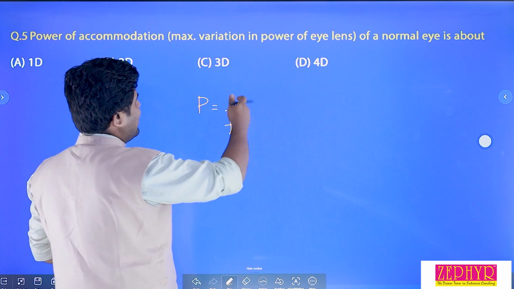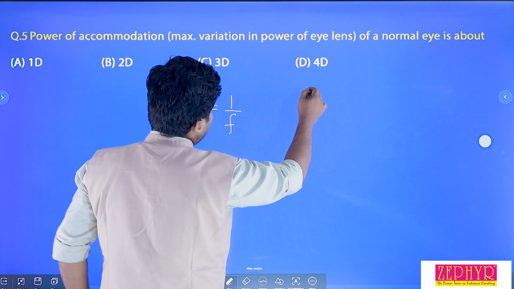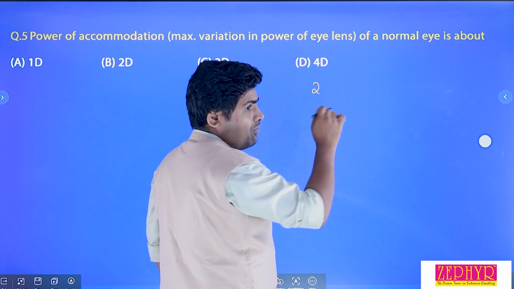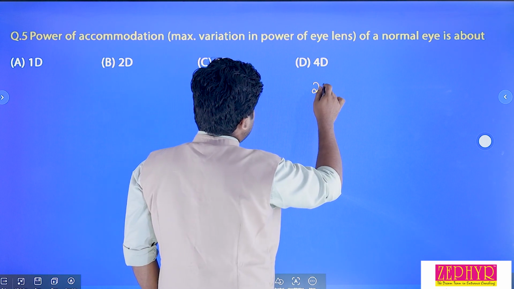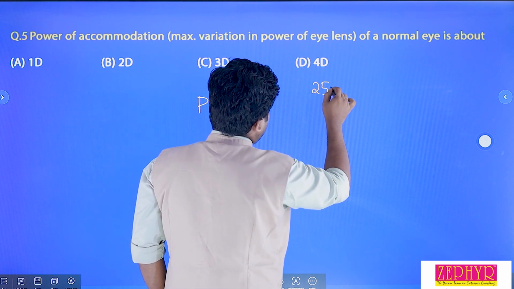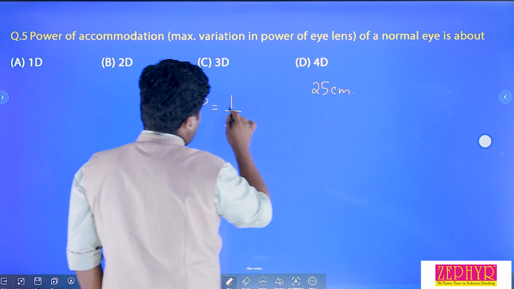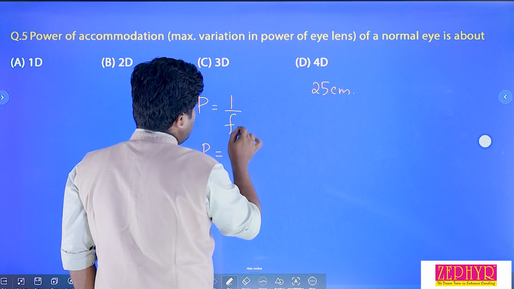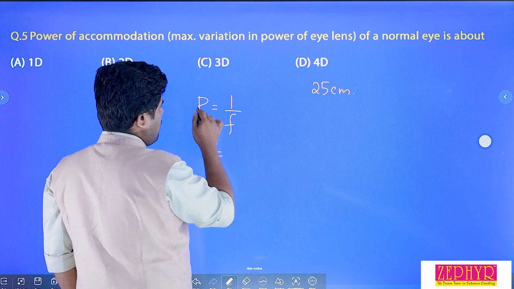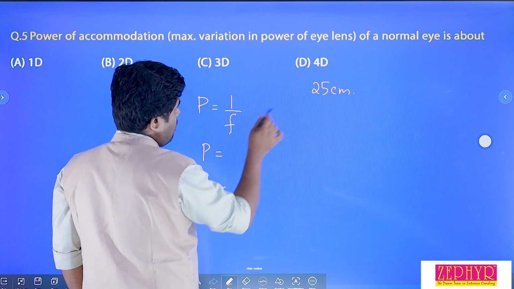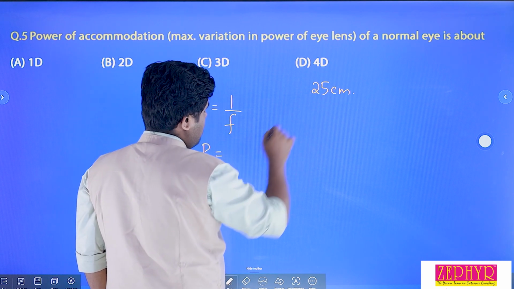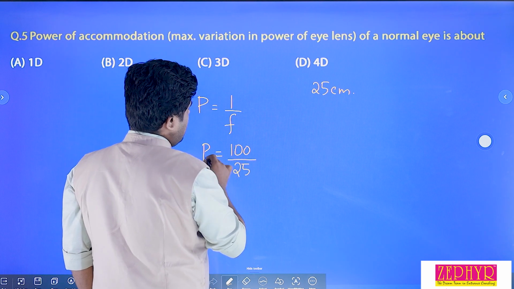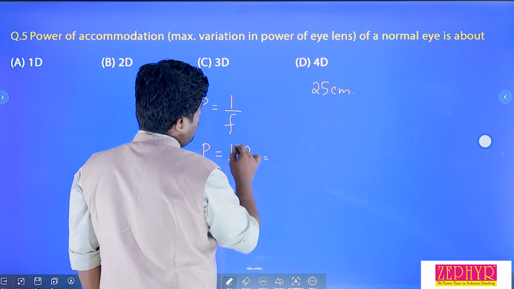Here the focal length for the near point of the eye lens is 25 centimeter. The value is in centimeter, therefore P is 100 divided by 25.